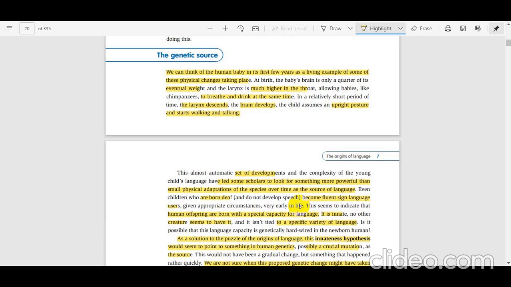But they are not enough actually to decide what is the origin of speech unless we arrive at the end of the video.